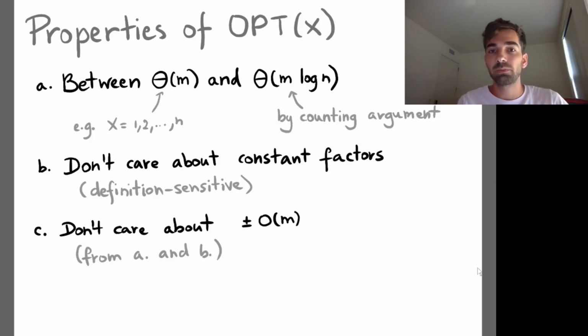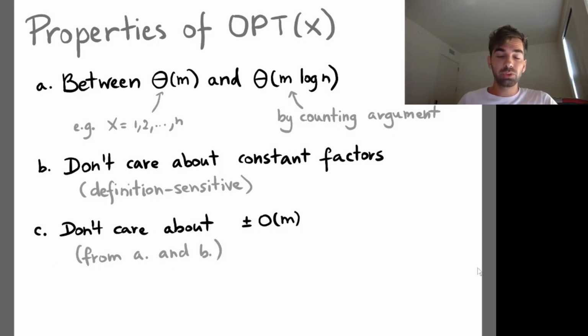And the reason why it's at most m log n is because, well, if you just used a balanced binary search tree and you didn't move it at all during the queries, then you would get that time. And it can be seen by counting arguments that there are sequences that do require that much time. And that's the next exercise if you want to think about it.